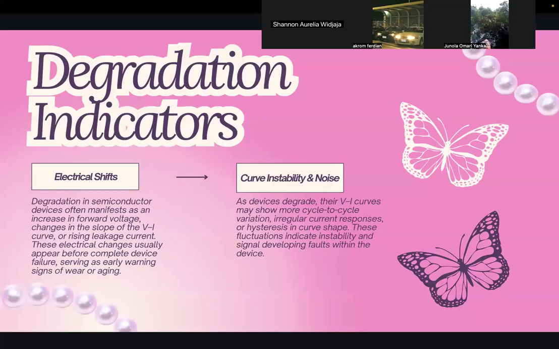Next, we have degradation indicators. There are plenty of them. The first of note is electrical shifts. Degradation in semiconductor devices often manifests in an increase in forward voltage, or changes in the slope of the VI curve, like it could be more negative or more positive, and it could also be a shift in terms of a rising leakage current.